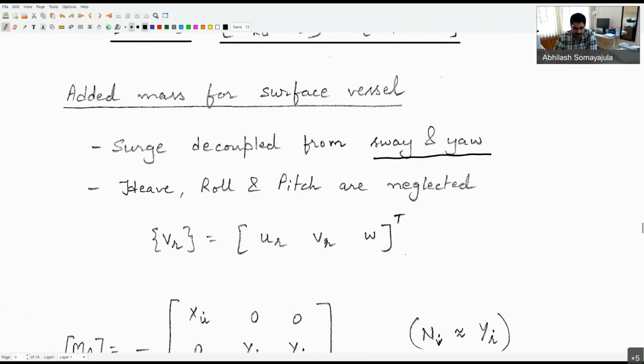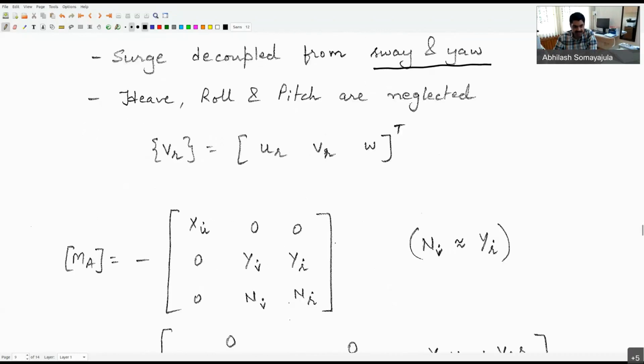So you can make a simpler approximation of this MA when you're dealing with a 3 degree of freedom system, that you have XU dot, YV dot, YR dot, NV dot, and NR dot. Notice how we have zeros located here, indicating that the surge mode will not really affect the sway and the yaw.